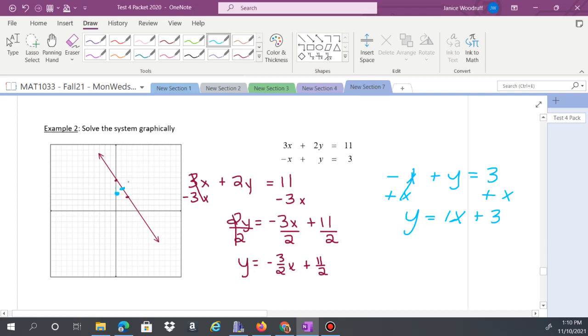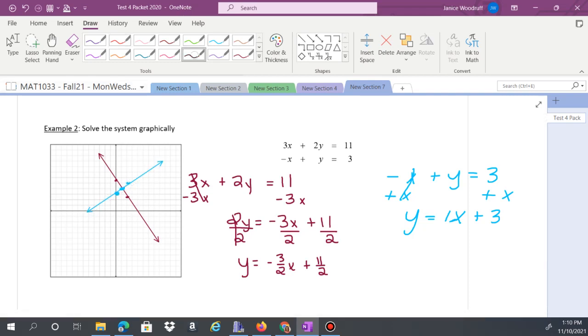Okay, and then I have another point right there, which is actually where it ends up intersecting. So let's put this line on here. And there we go. So we have our two lines.